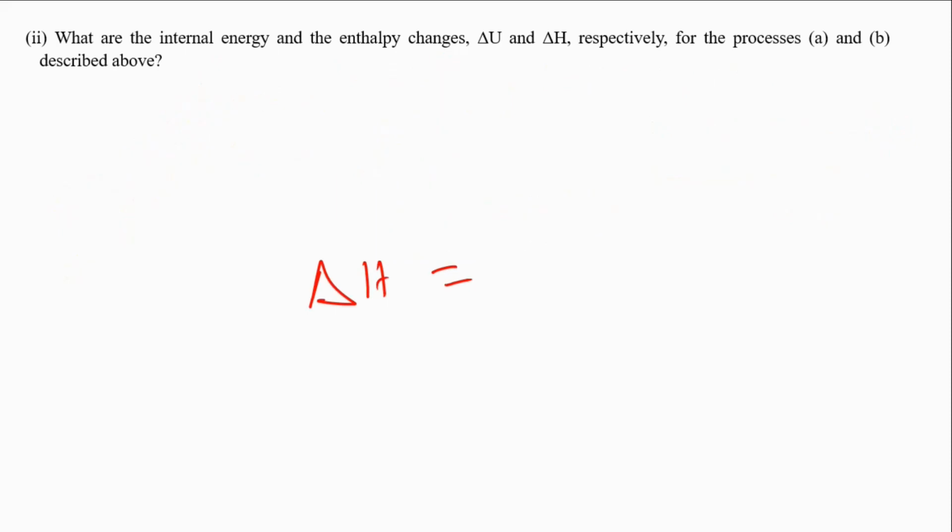The only thing that matters is the final state and the initial state. These are the two things that matter for state functions. Not how you got there, not whether you change your pressure from 1 to 0.1 and then you expand. Delta H doesn't care about that. Delta H is concerned with, what was your initial state, and what is your state now? Just final and initial. It doesn't care about the in-between.